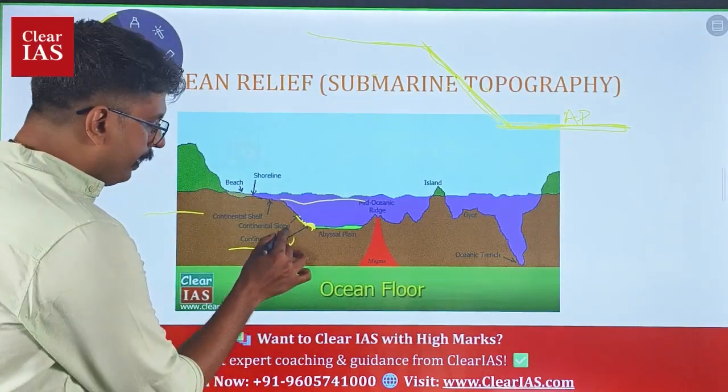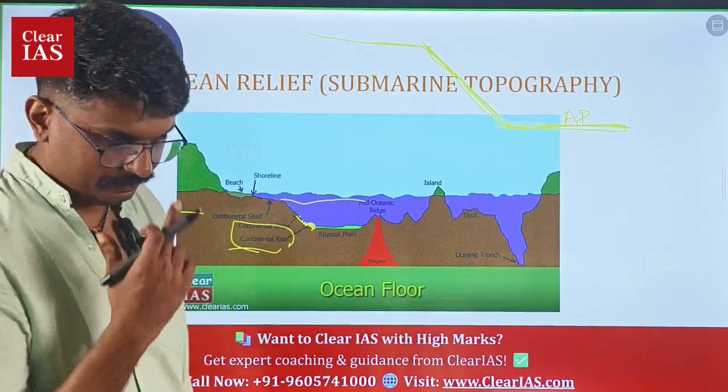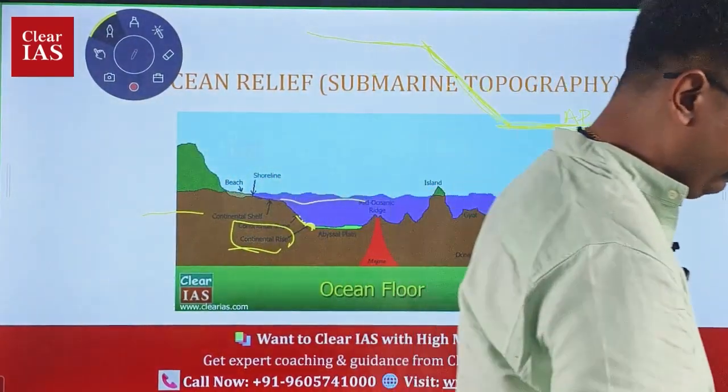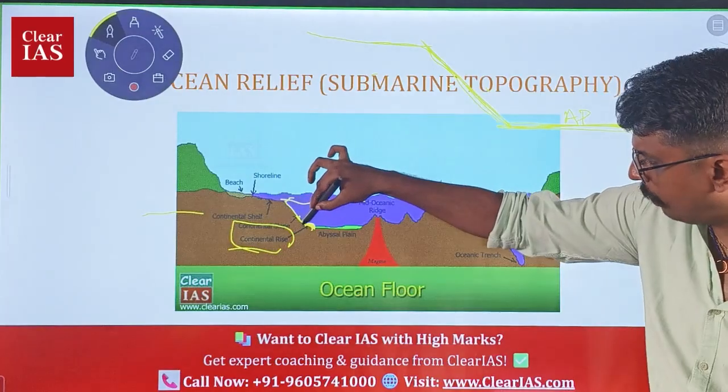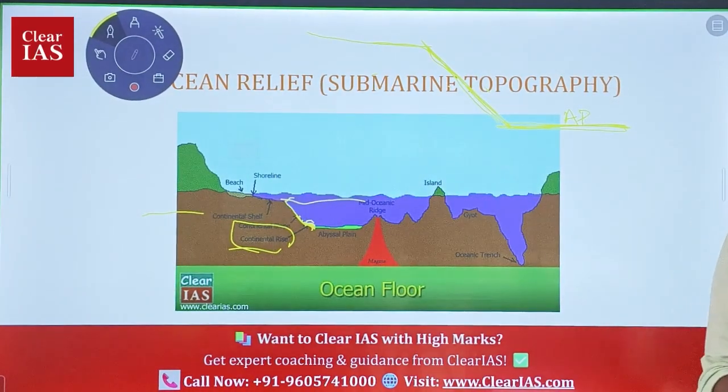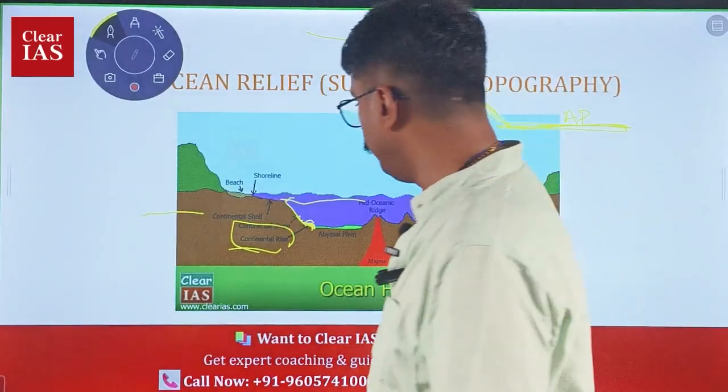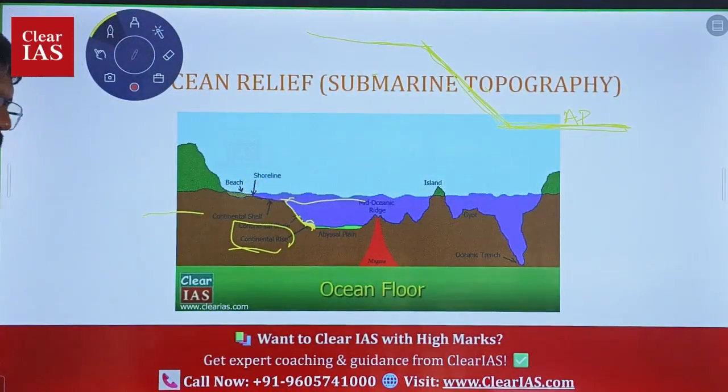We call it continental rise. So everything that flows through the slope will get deposited here, and there is a decrease in slope suddenly. We call it continental rise.